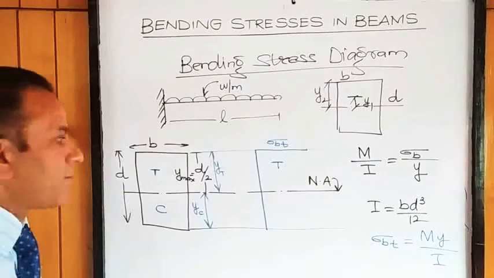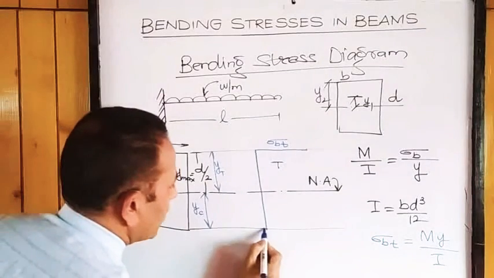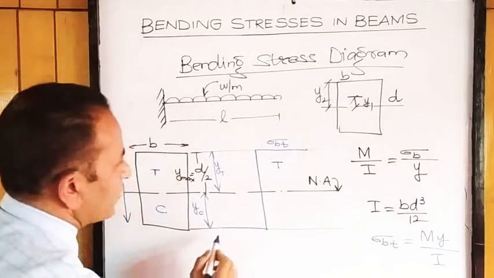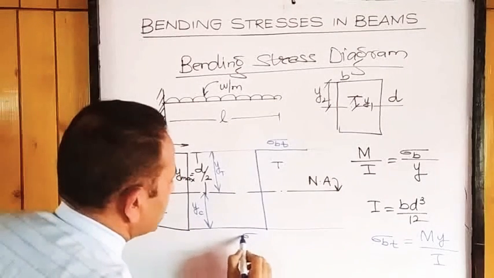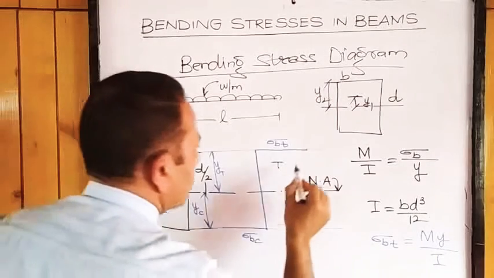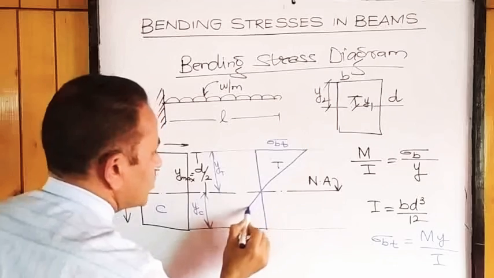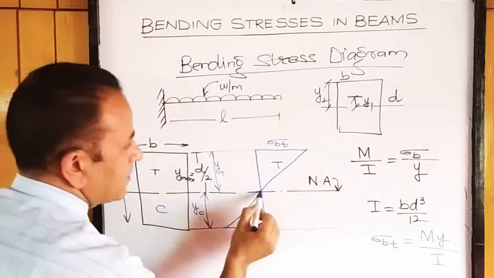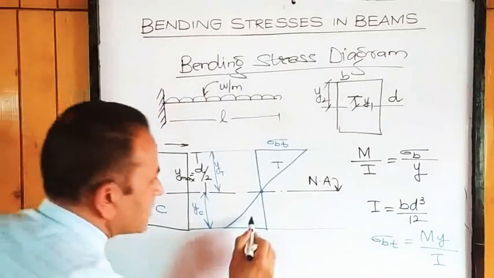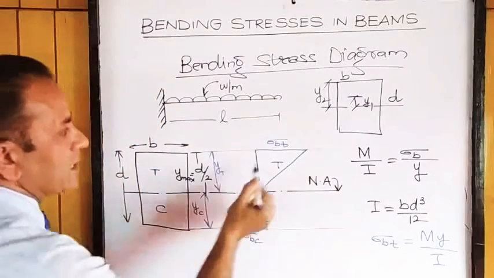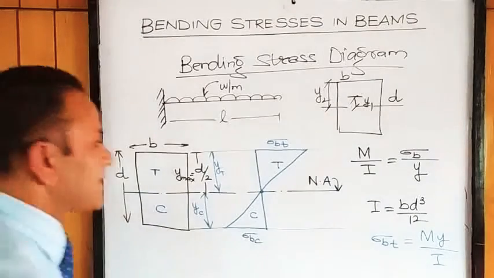Similarly, since Y is also same in compression zone, we will calculate another value corresponding to YC. YC here is same as YT, and this value will be sigma BC. Now we join these. It will pass through 0 at the neutral axis. The stress has to be 0. This is compression zone, maximum bending compressive stress. This is the maximum bending tensile stress.